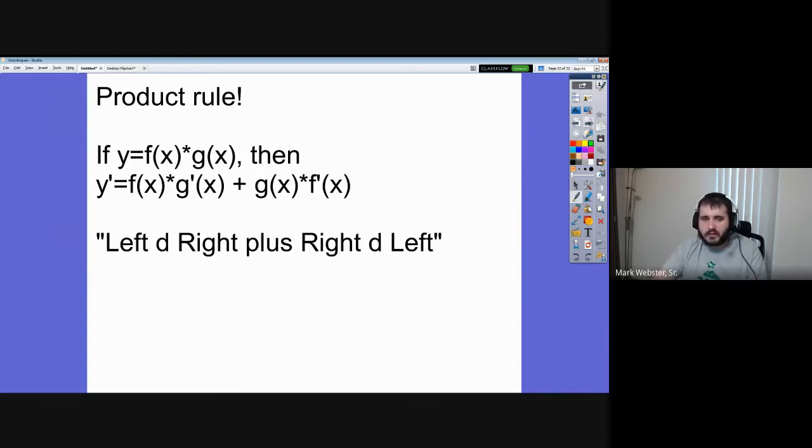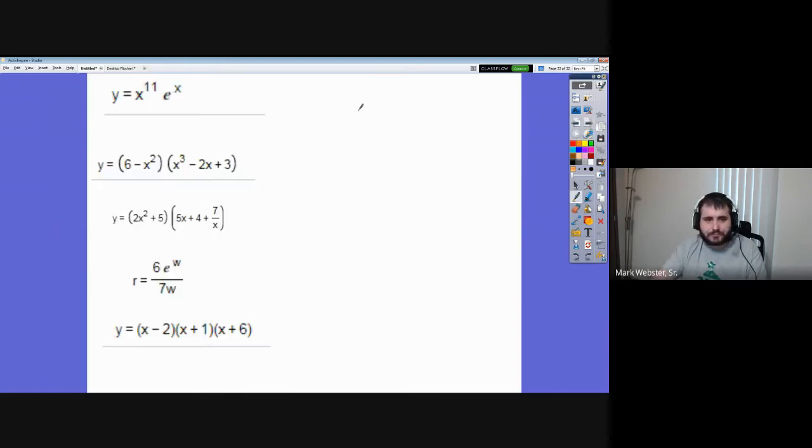Okay, so let's look at some. Here we've got two functions multiplied together. We got x to the 11 is one, e to the x is the other. So let's use our product rule. Now, I like to help myself and actually label everything. To me, it helps. You don't have to. No one's gonna force you to do that.